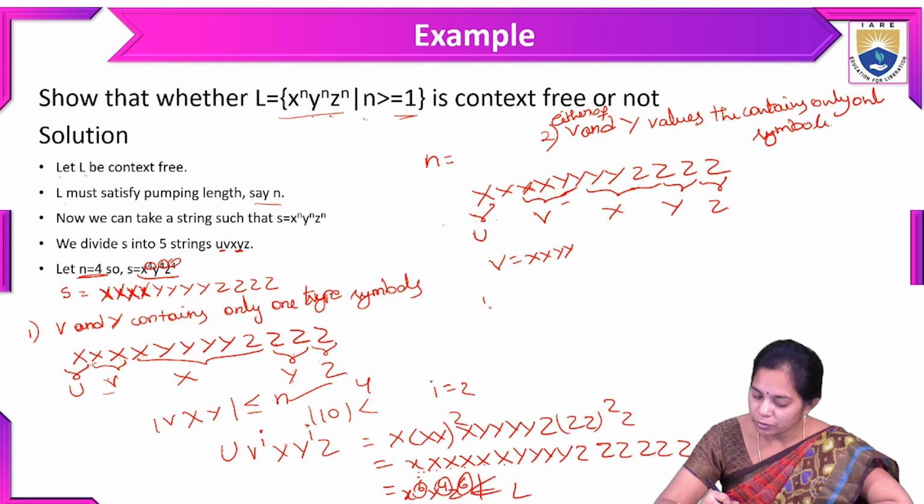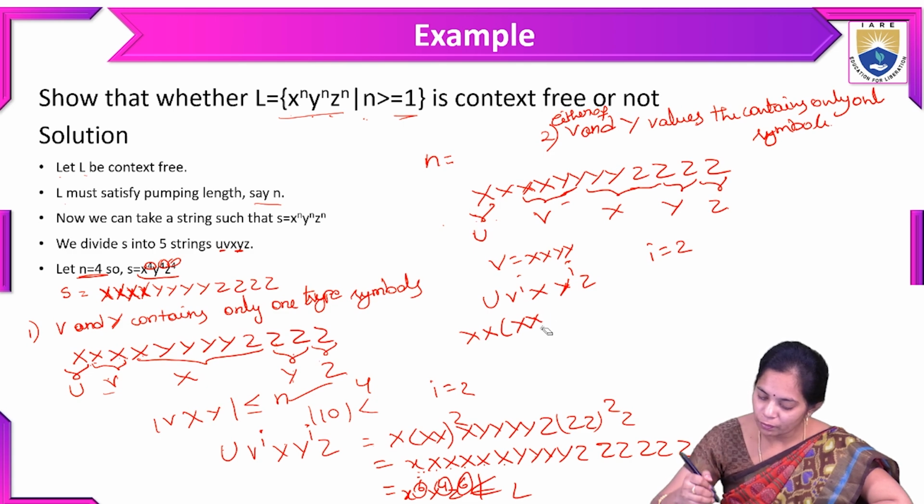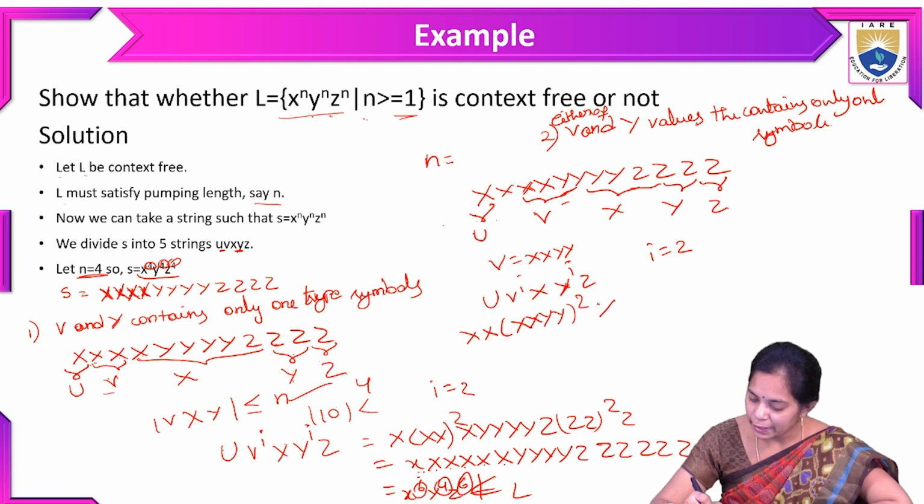In this one, we give u v power i, x, y, z, y power i. Here i is equal to 2. What we will get is u as it is x, and v is equal to x, y, whole square, and x, y, z, and z square and z.